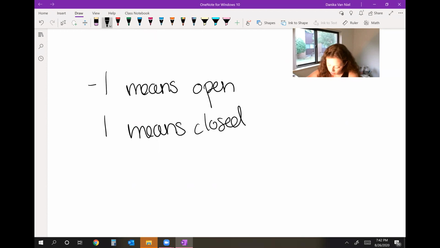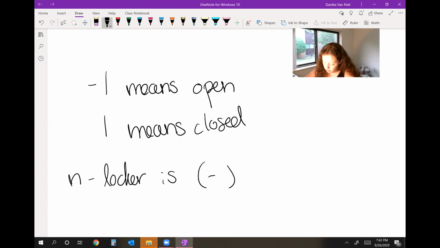So some variables. Locker n is -1 to the, let's say, m, okay? So meaning it's either open or closed, right?